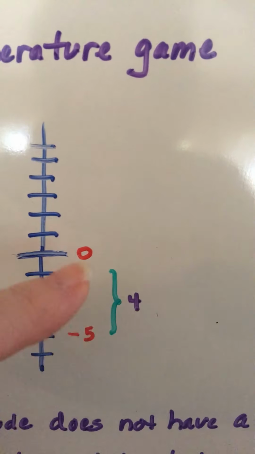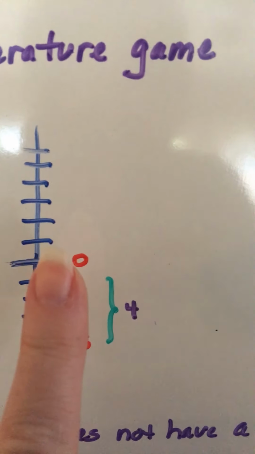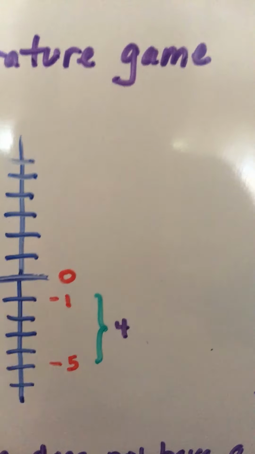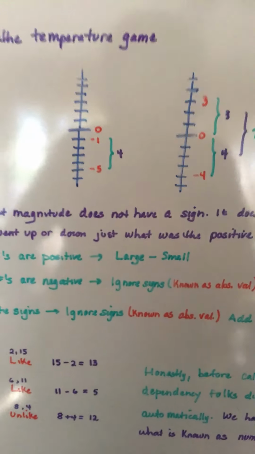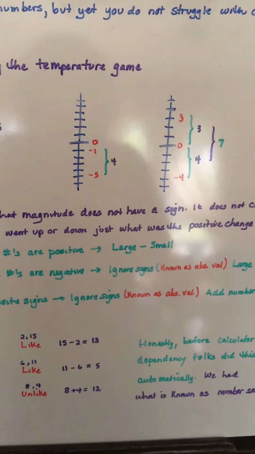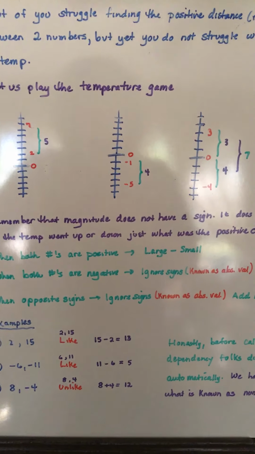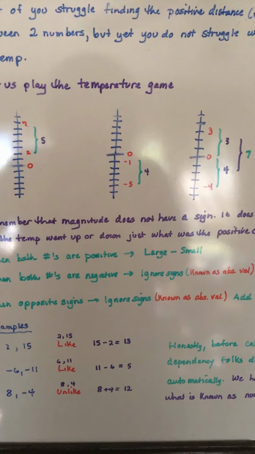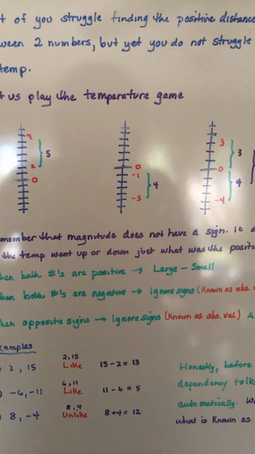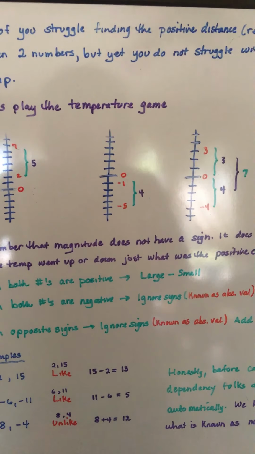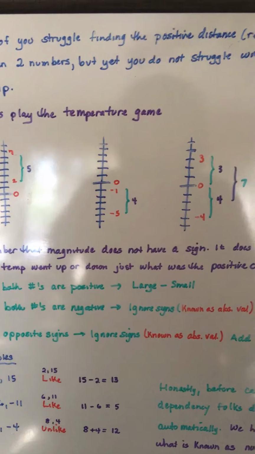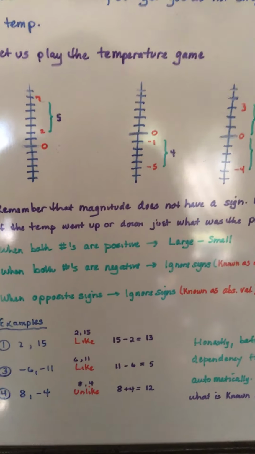I took their absolute values, that is, I just ignored the signs, and I did large minus small. So remember, magnitude does not have a sign. It does not care whether the temperature went up or down, rise or falling. It really doesn't care left, right, diagonal. Nobody cares. It just wants the positive change.